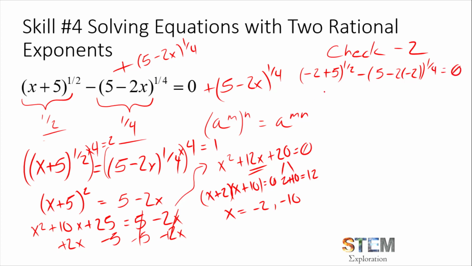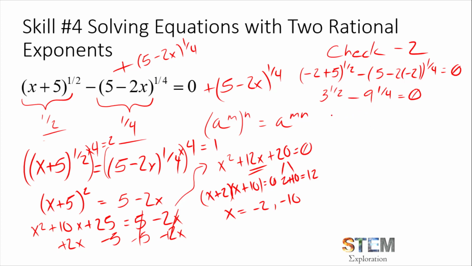So if we have this, you'll see that this is going to give me 3 square root minus, this will be -2 times -2, that'll be positive 4, so this will be 9 to the 1/4, which is equal to 0.